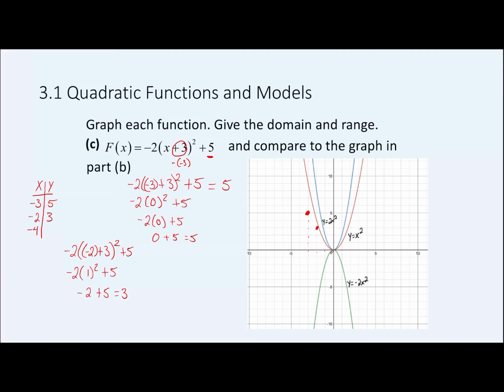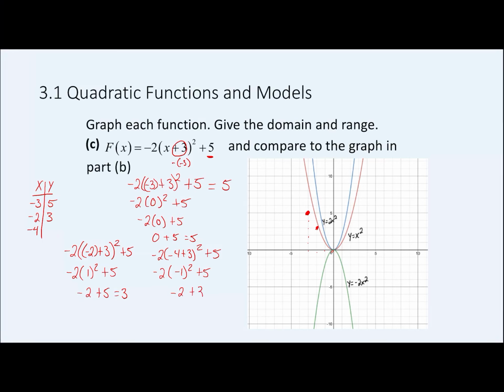We know 1 squared is 1. 1 times -2 is -2. Plus 5 gives us 3. So -2, 3 is going to be here. Well, if we have the right point as our vertex, that should make some sense, because it is going to open down. So hopefully the other point will give us the same thing.